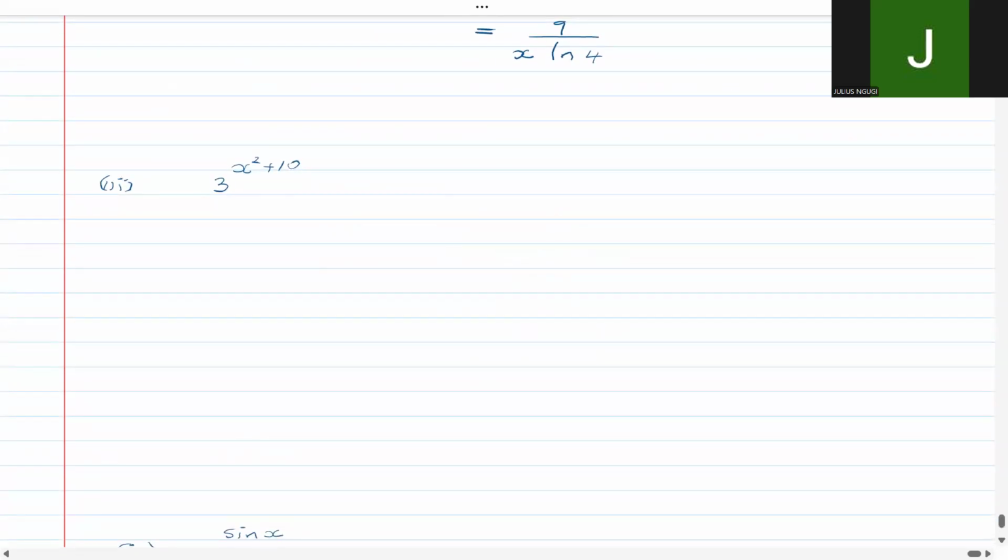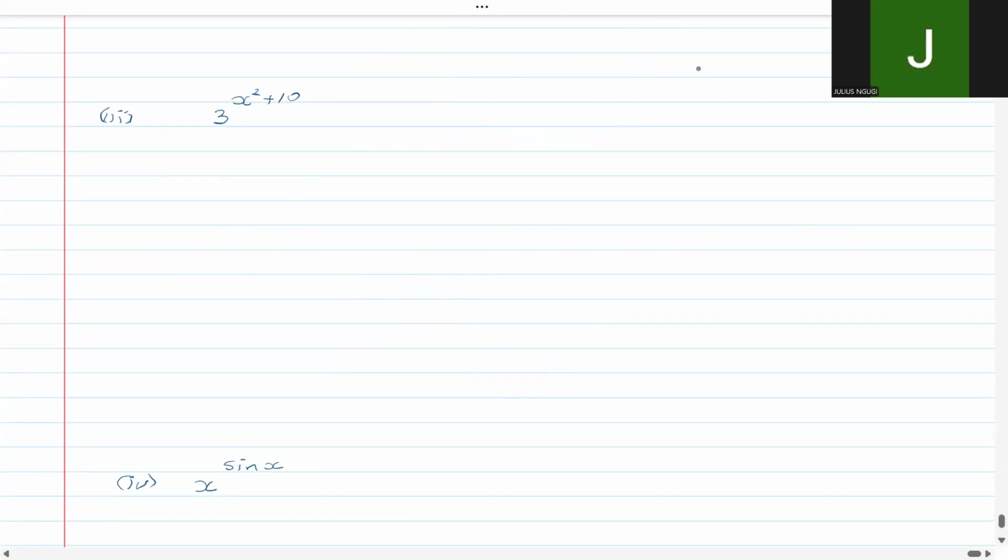For the third one, y equals 3 to the power of x squared plus 10. This can be written as e to the power of natural log of 3, because that's still 3, then x squared plus 10.